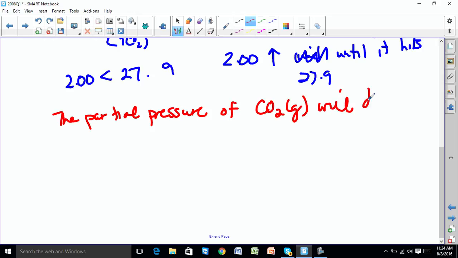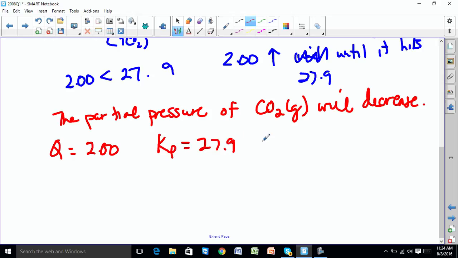Always answer the question in the first sentence. And then your justification is Q equals 2, KP equals 27.9, so the pressures on the right.